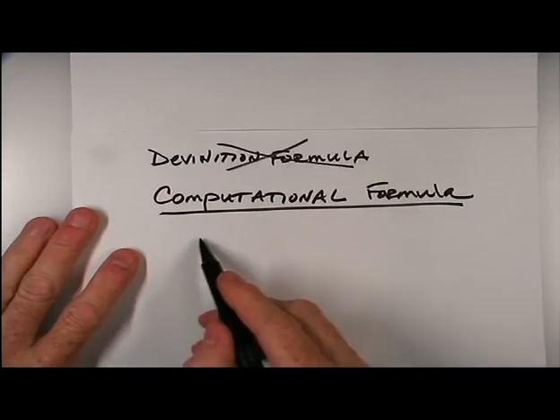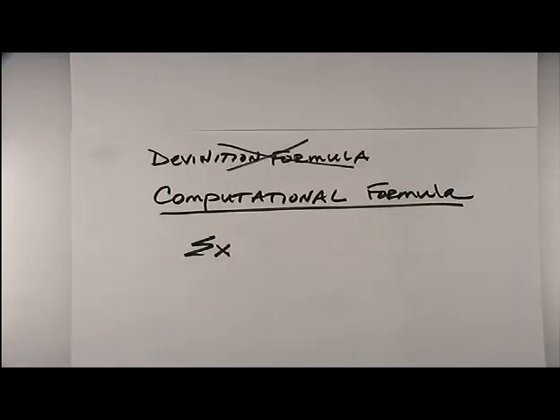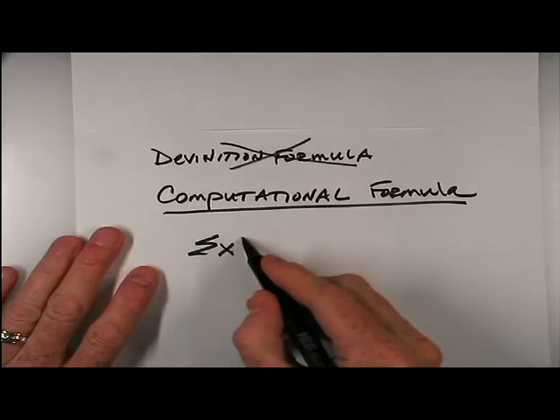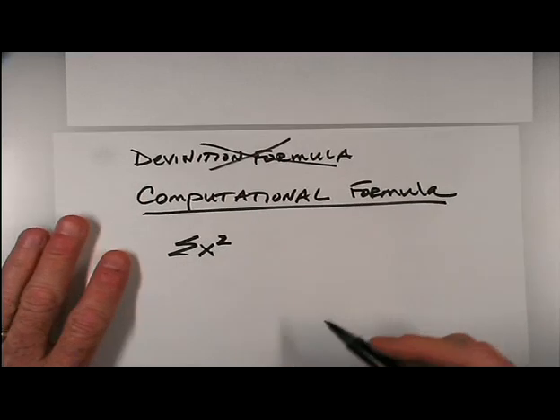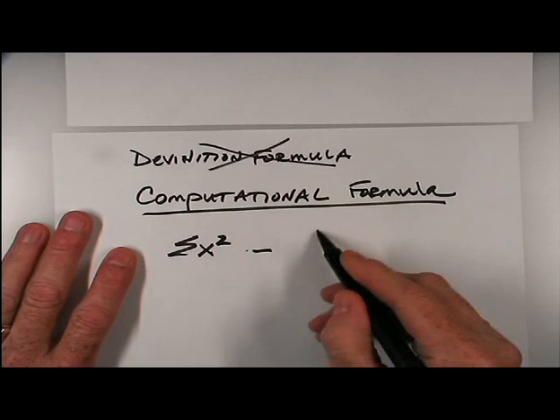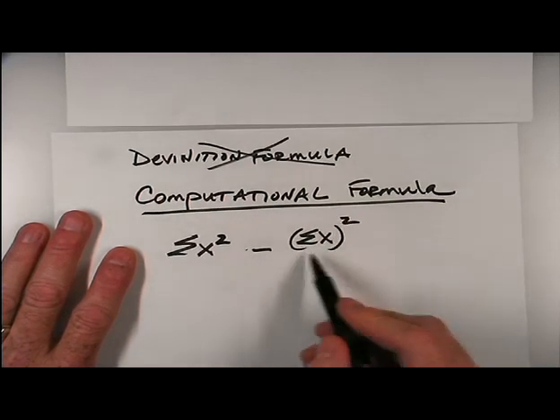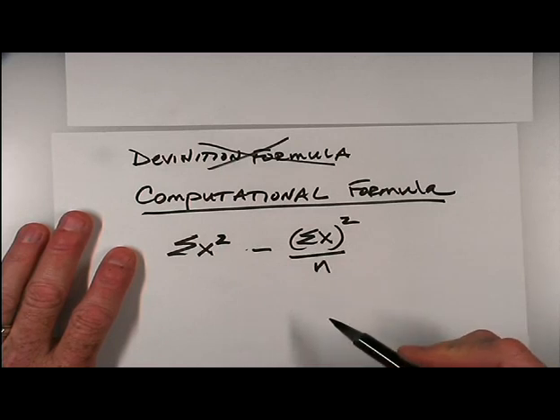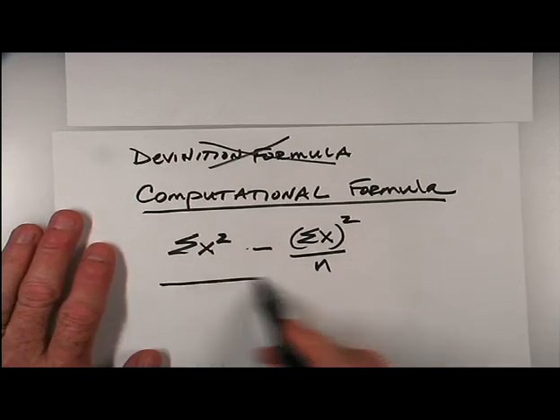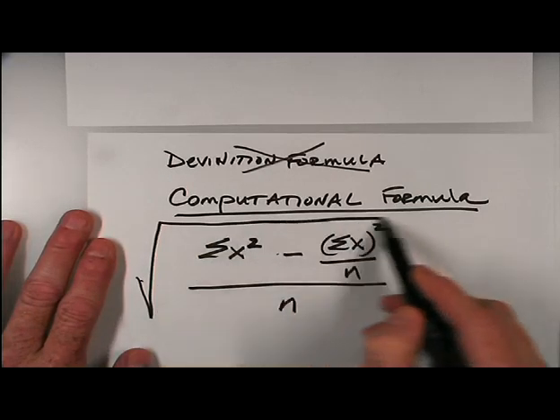So the computational formula is the sum of the x's squared, minus the sum of all the x's quantity squared divided by n, divided by n again, and then you take the square root.